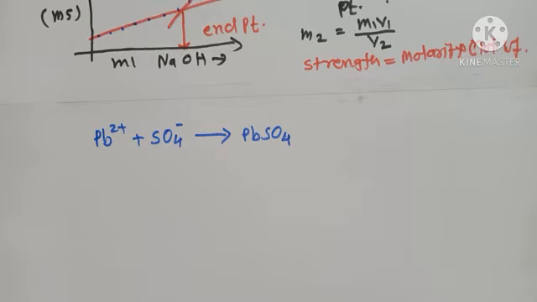Though no indicator is available, the conductometer can be used to identify the end point. This is the advantage. Some titrations are possible where an indicator is not available but conductometric measurement can be used to identify the end point of the titration.